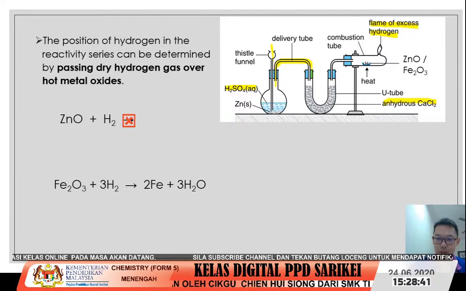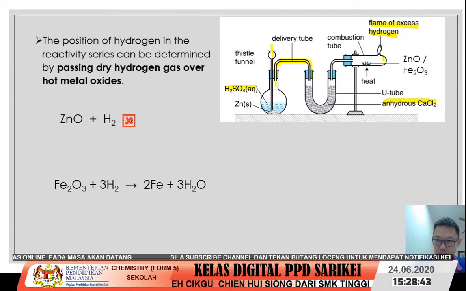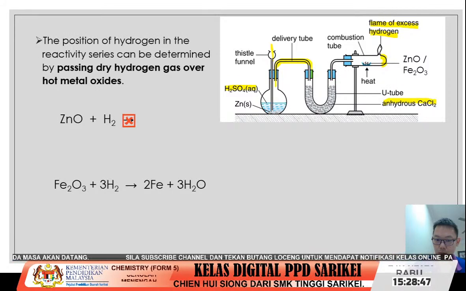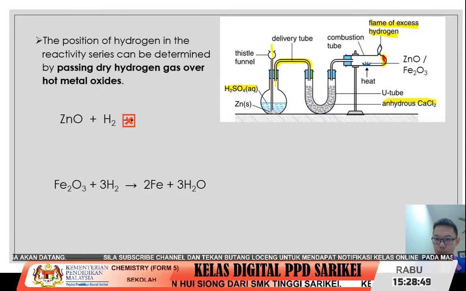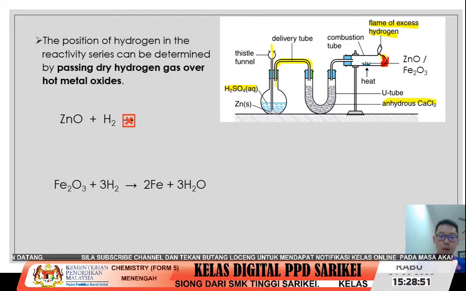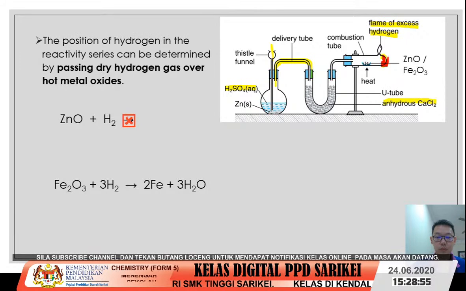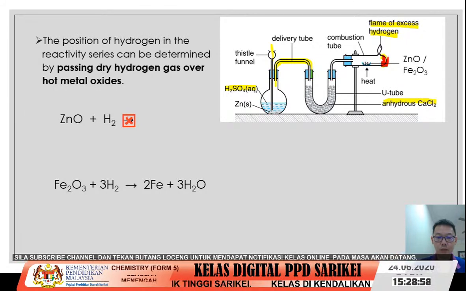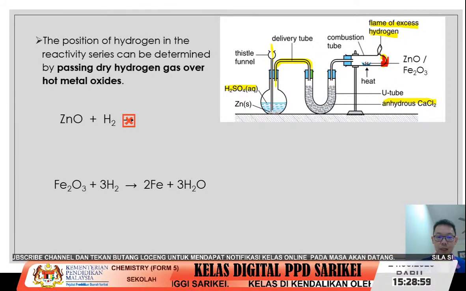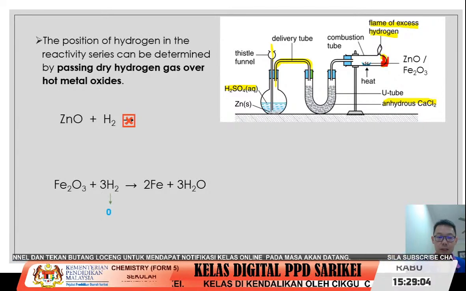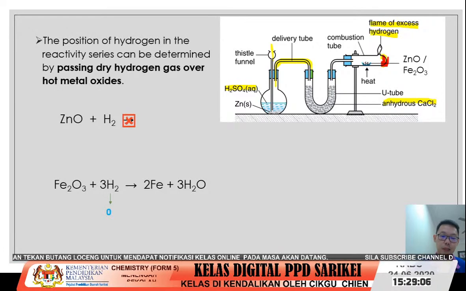You can see some water vapor collected at the end of the combustion tube here. So from this observation, we know hydrogen is more reactive than iron. So hydrogen can displace iron from iron(III) oxide.